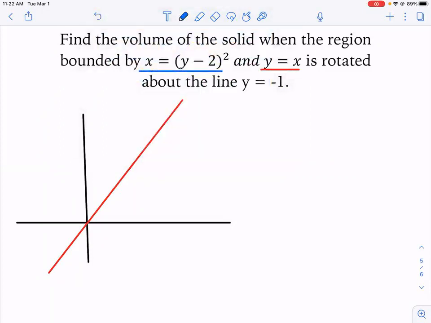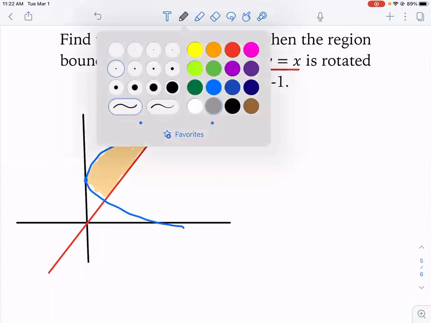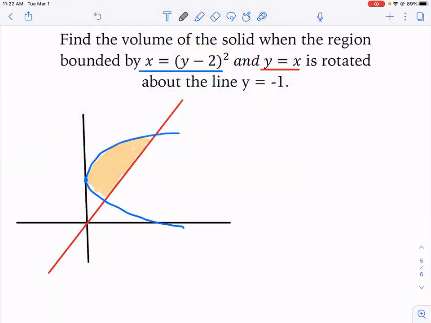So this is a parabola that opens which direction? To the right. And it is shifted. Okay. What is this intersection right here? 1, 1.